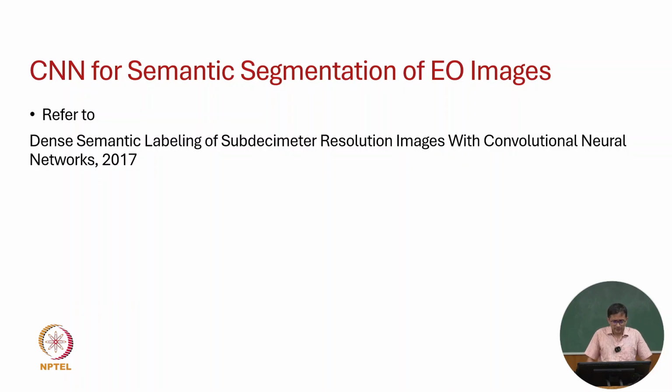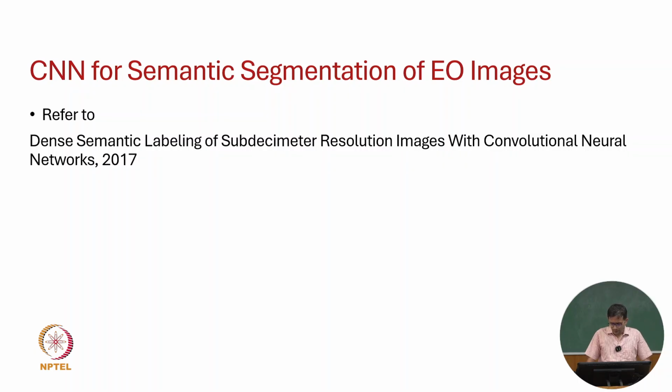Of course, there are many works in earth observation for semantic segmentation where some kind of modifications are used, and we will come to these modifications subsequently in this lecture and in other lectures. However, for one of the early works on deep learning based or CNN based semantic segmentation for earth observation, one could refer to this particular paper.